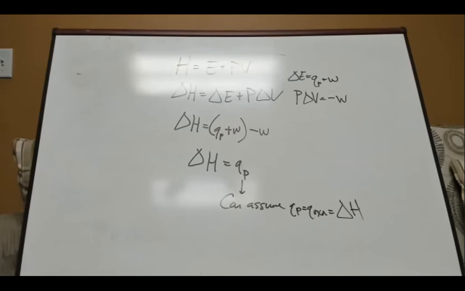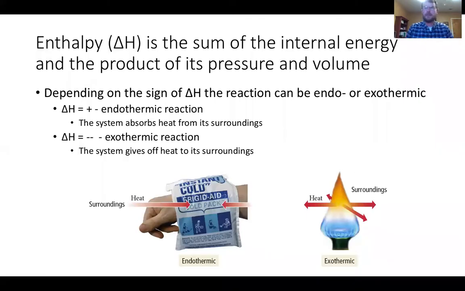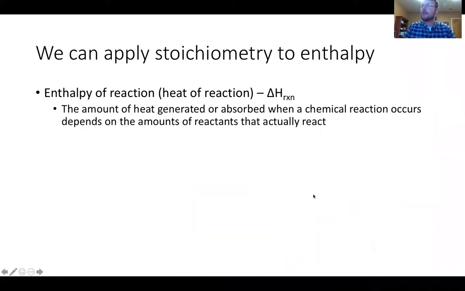Let's go ahead and come back to the PowerPoint, and we're going to talk a little bit more about enthalpy. Enthalpy is dependent on how much you have, right? The enthalpy of the reaction is known as the heat of the reaction, delta H of the reaction.